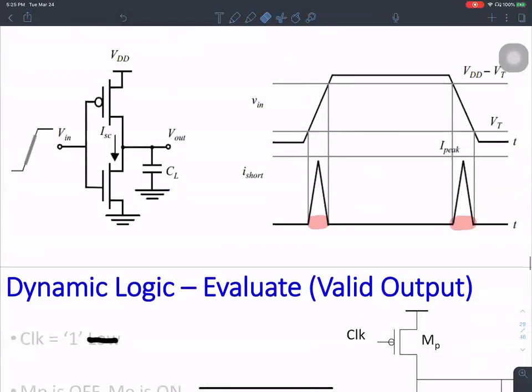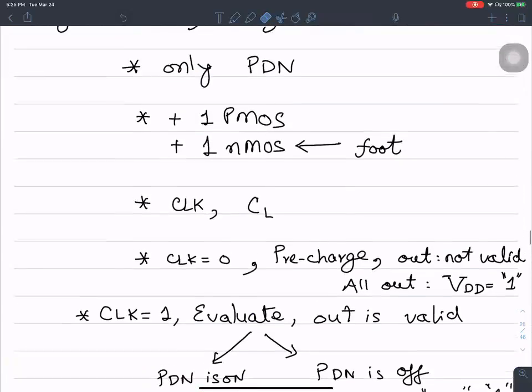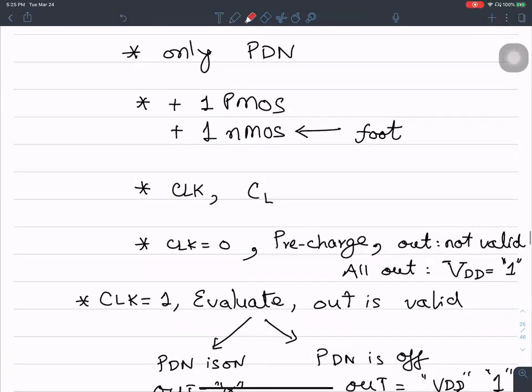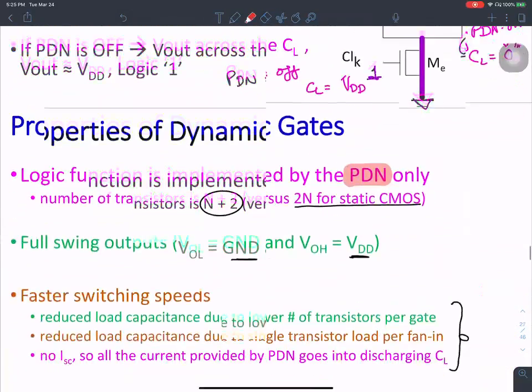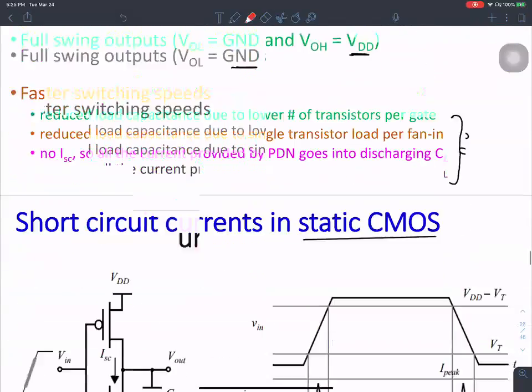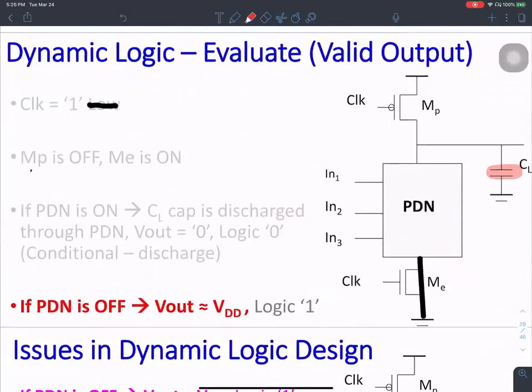So let's go back to the dynamic logic gates review here. I mentioned that the output capacitance CL is charged to VDD during pre-charge, and then it's left floating. So that is a big problem.